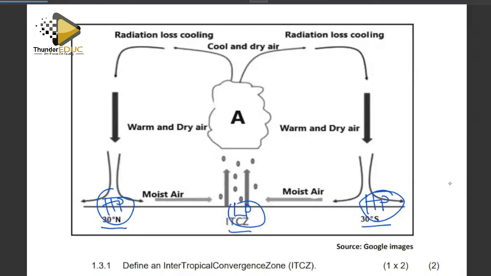And there's low pressure in the ITCZ. So air, because of pressure gradient, moves from the high pressure subtropical belt to the low pressure ITCZ, and also from the subtropical high north to the ITCZ. The air converges at the ITCZ and uplifts.